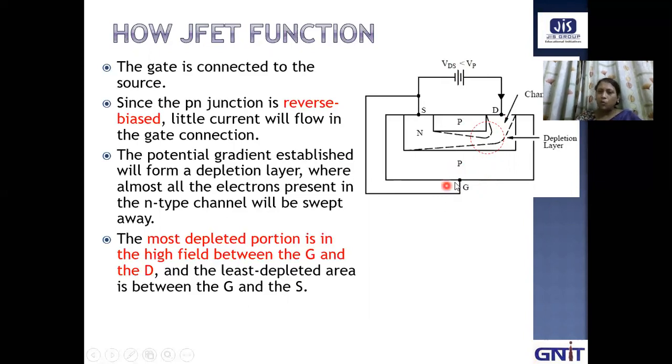Little current will flow in the gate connection and the potential gradient established will form a depletion layer as the junction is reverse biased, where almost all the electrons present in the N-type channel will be swept away. The most depleted portion is in the high field between the gate and drain, and the least depleted area is between the gate and the source.